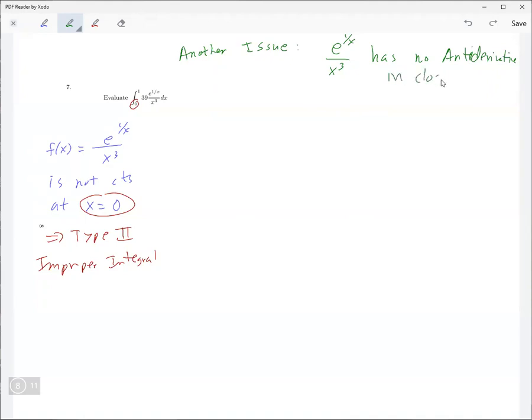Of course, everything that's integrable has some antiderivative, since it's continuous on whatever interval. So there is some antiderivative, but it's not any function that we know. It's not anything we can write down, let alone evaluate from 0 to 1.